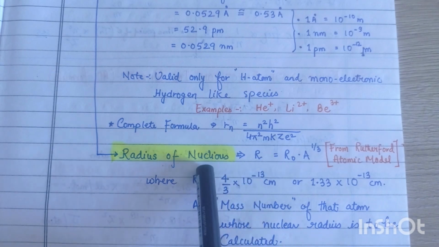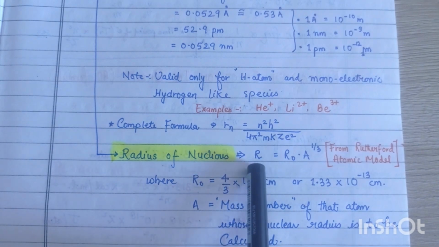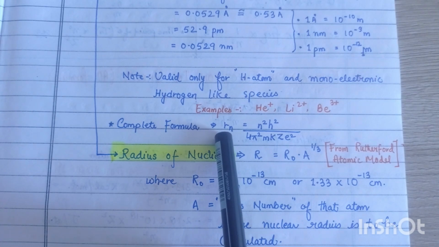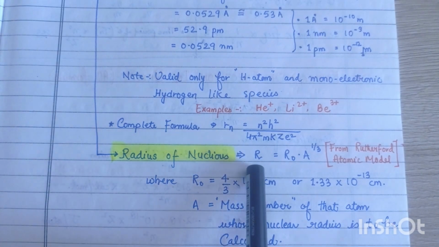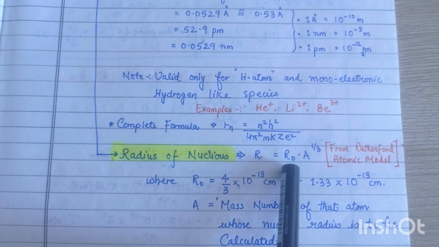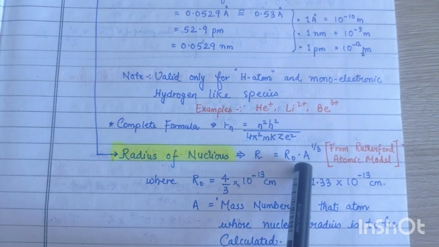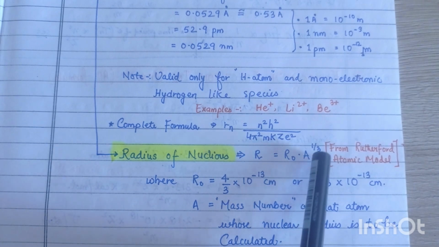The radius of a nucleus, we are denoting it by capital R. Remember, my dear student, the radius of an orbit we denote by small r, but the nucleus is always denoted by capital R. The radius of a nucleus R is equal to R naught into A power 1 by 3.